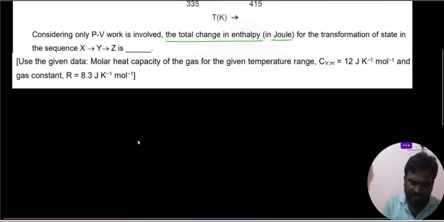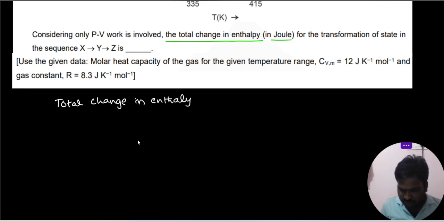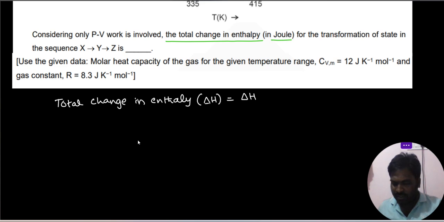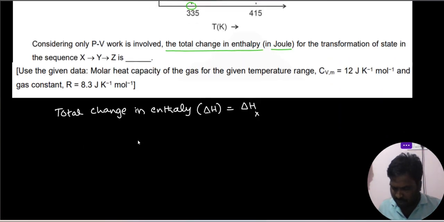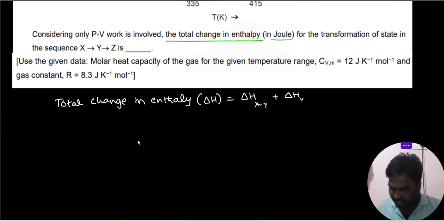So the total change in enthalpy, delta H, is equal to delta H for X to Y plus delta H for Y to Z. The sum of these enthalpy values we need to calculate.